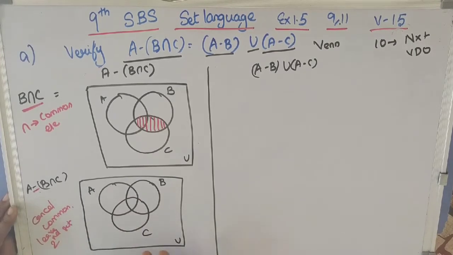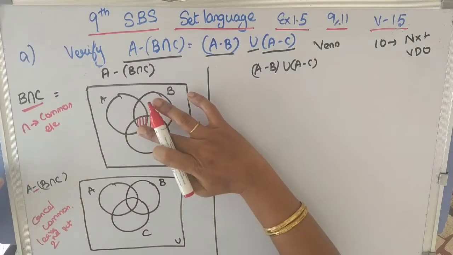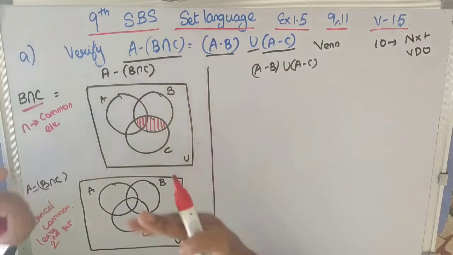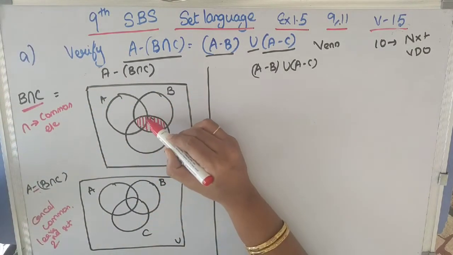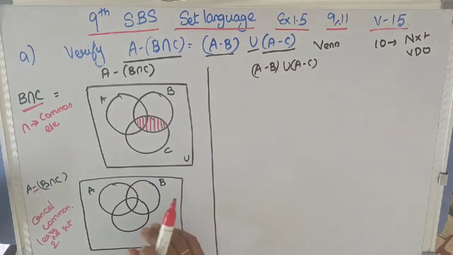Now in A difference B intersection C, what is the common between A and B intersection C? This small part, isn't it?